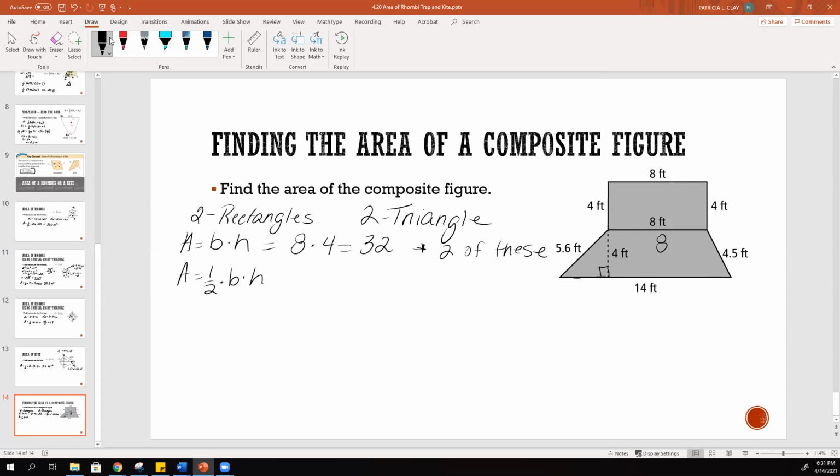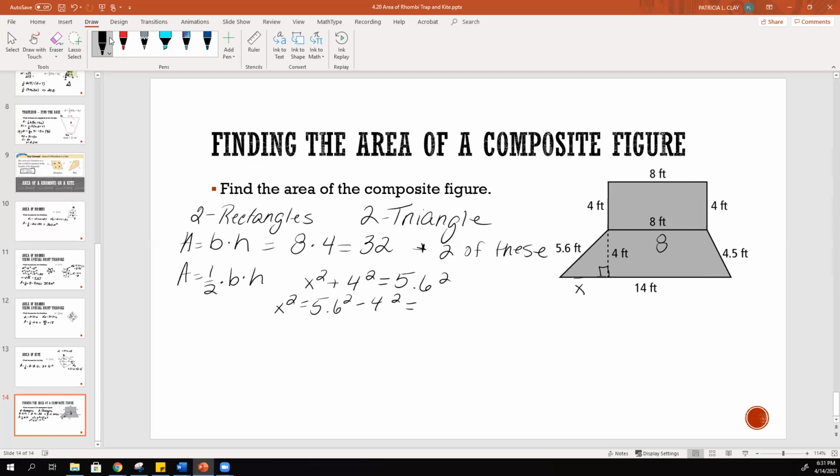I'm going to call this x. So x squared plus 4 squared is equal to 5.6 squared, because everybody remembers a squared plus b squared is equal to c squared. Now we can rewrite it where x squared is equal to 5.6 squared minus 4 squared.